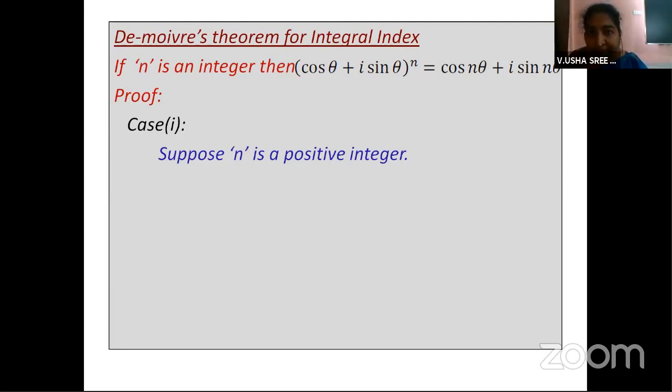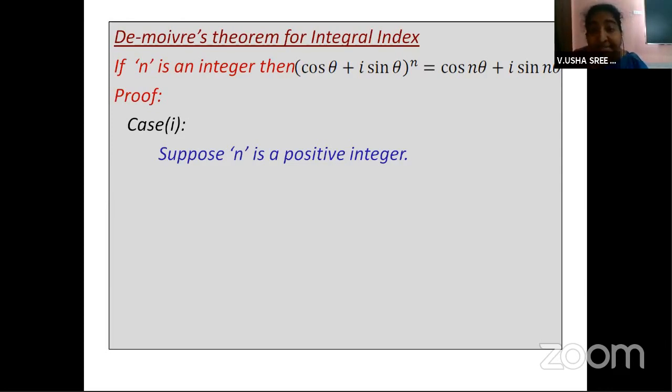The first step is we prove the given statement for n is equal to 1. The second step, we assume, I'm using the word assume, children, the statement is true for n is equal to k. And after that assumption, in the third step, we prove that the statement is true for n is equal to k plus 1.